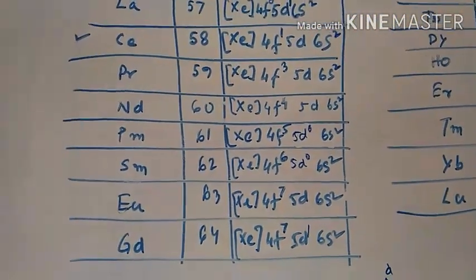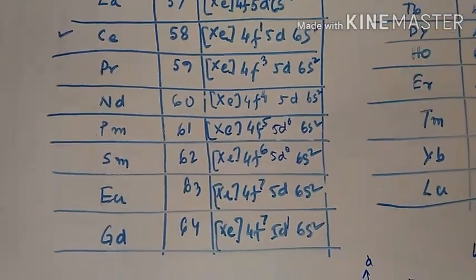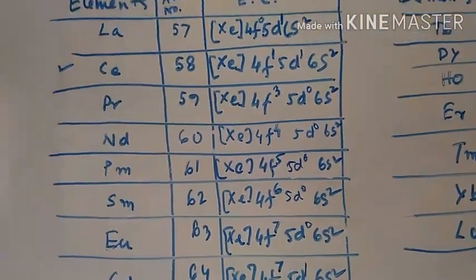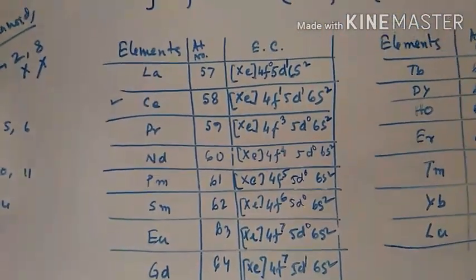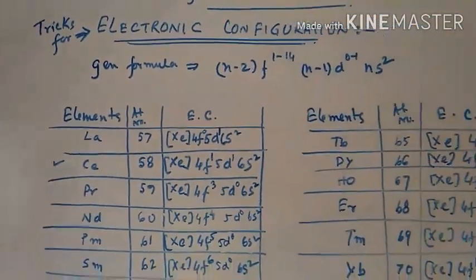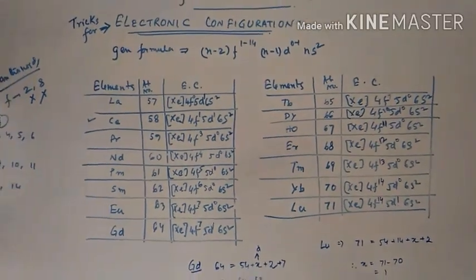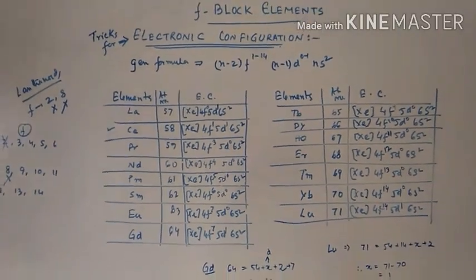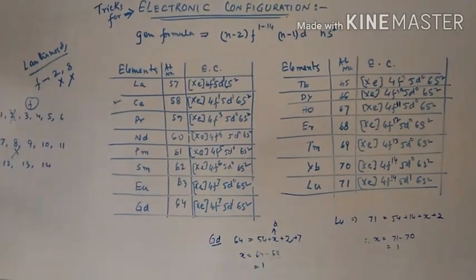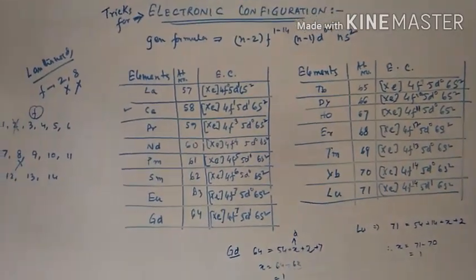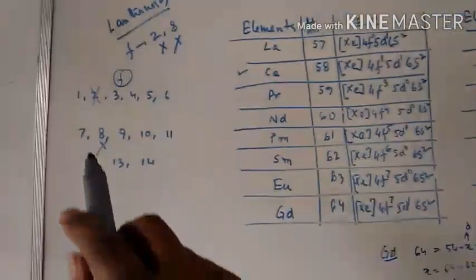Okay, let me fill up all the d electrons. So now you can see from here, this is the basic system of the configuration, how to write the configuration of the d electrons of lanthanide elements.